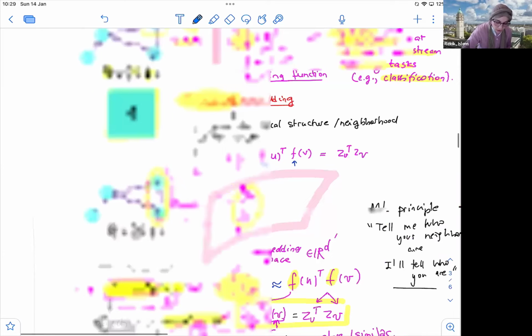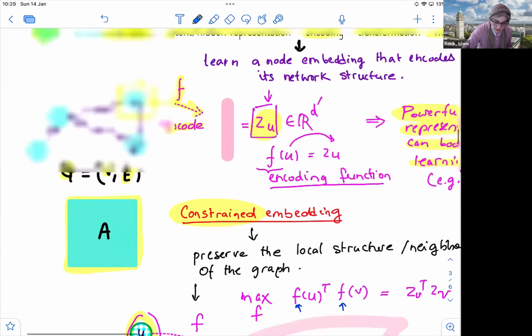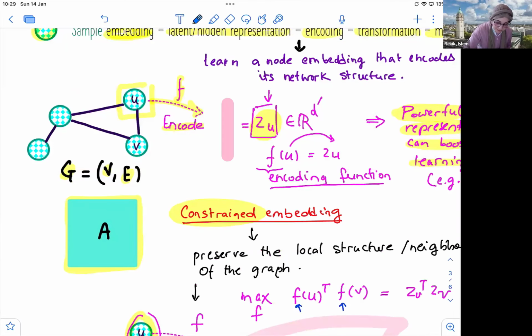We're only using this one to get the embedding Z of a node U. So we don't have any feature matrix X where we assign features to nodes, and we don't have any labels. These do not exist, so we didn't need them to do the encoding.